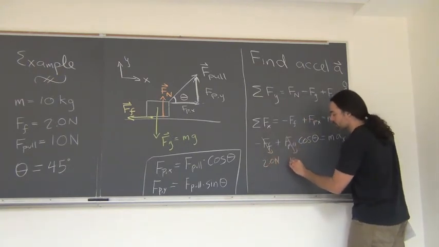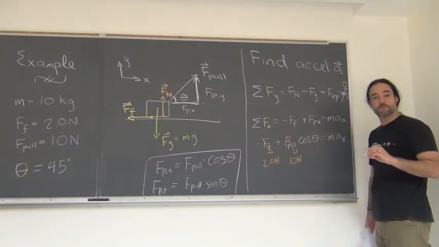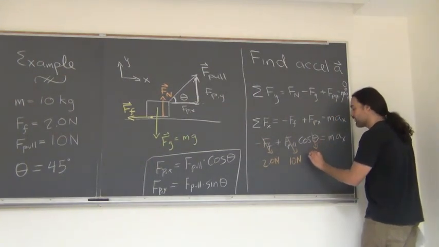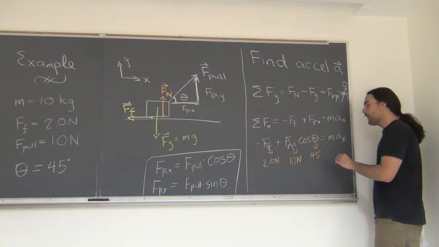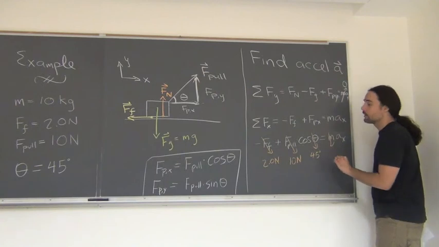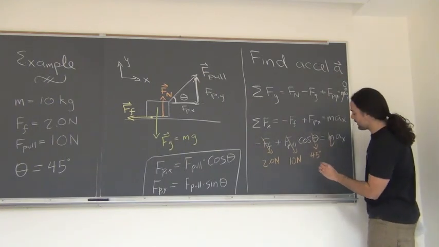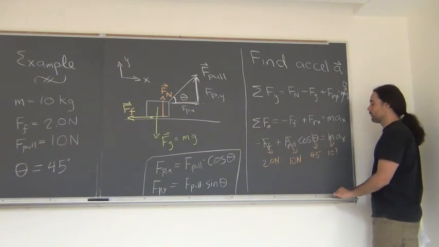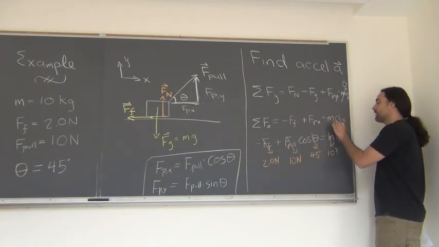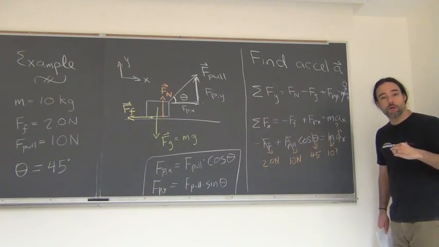The pulling force gives a 10 Newton force. We're pulling at an angle theta, which is 45 degrees. And we have a mass, which we said was 10 kilograms. So the only thing we do not know is that x acceleration, which is what we want to solve for.